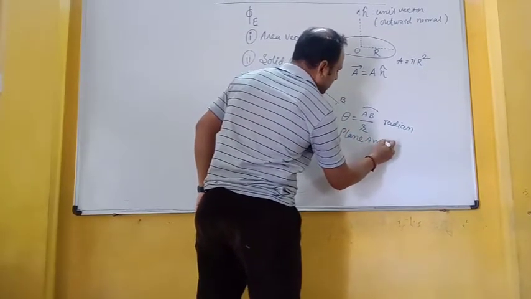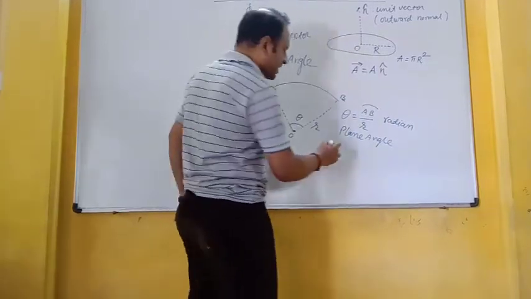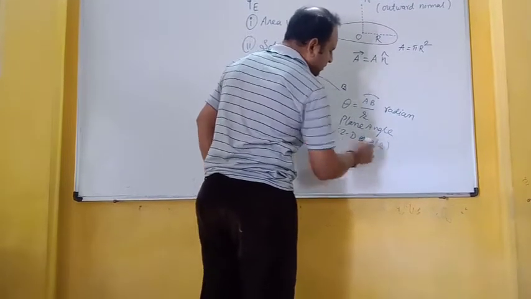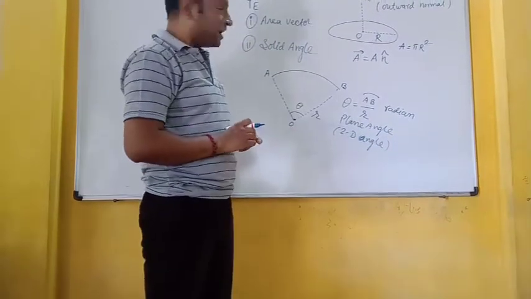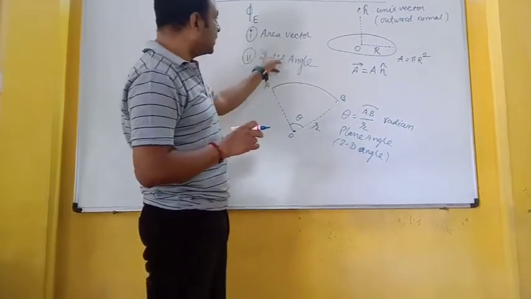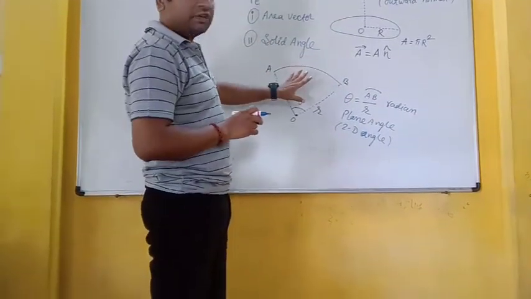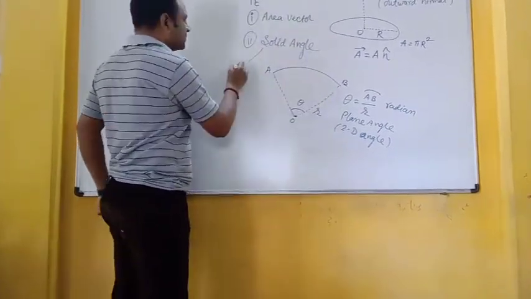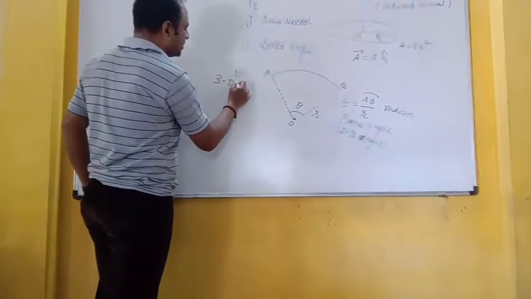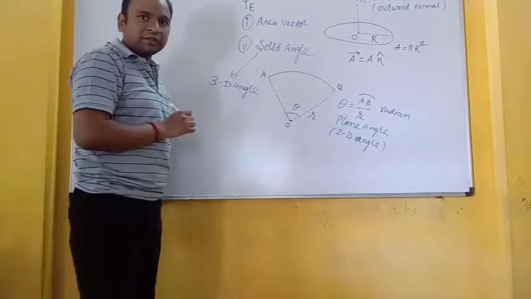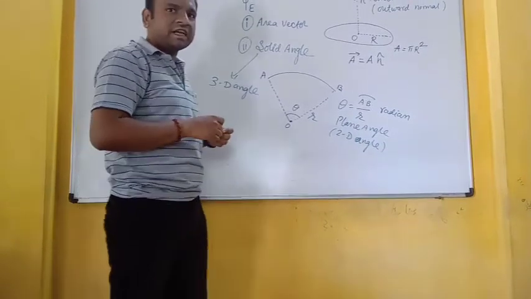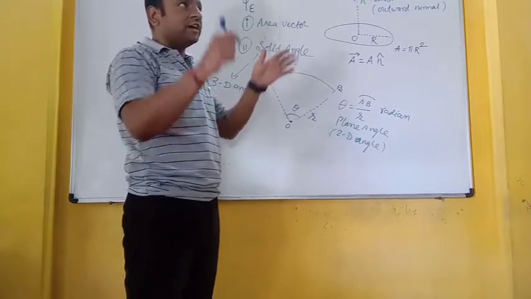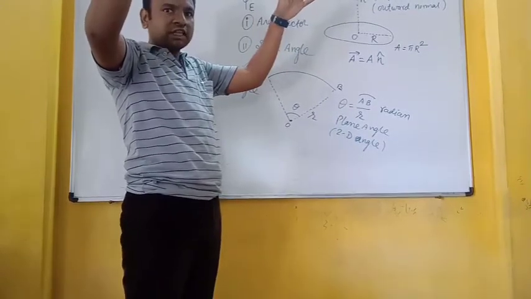And a plane angle is always a two-dimensional angle. Now, what we are interested in is the solid angle. It is related to this, but unlike the plane angle, this solid angle is a kind of three-dimensional angle. Suppose I consider myself inside a balloon or inside a sphere, and I consider a part of the surface area of that sphere.